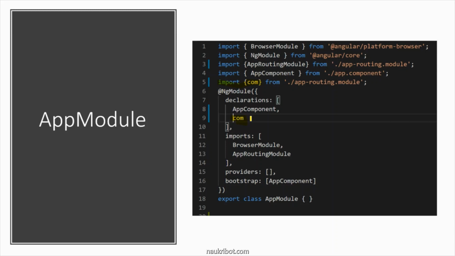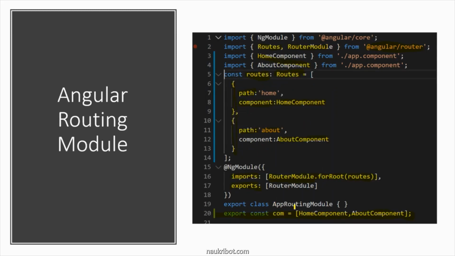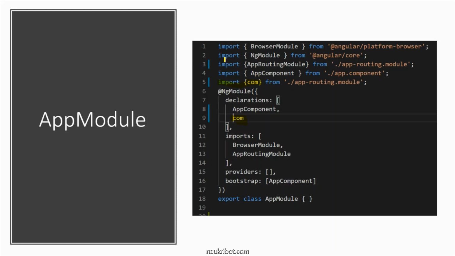Okay, so see, whatever module, the app routing module we have created, this also we need to import in the app module. So here, if you see, I have imported this app routing module. Why did we import this? Because we already discussed that we have one root module that will always bootstrap a root component.